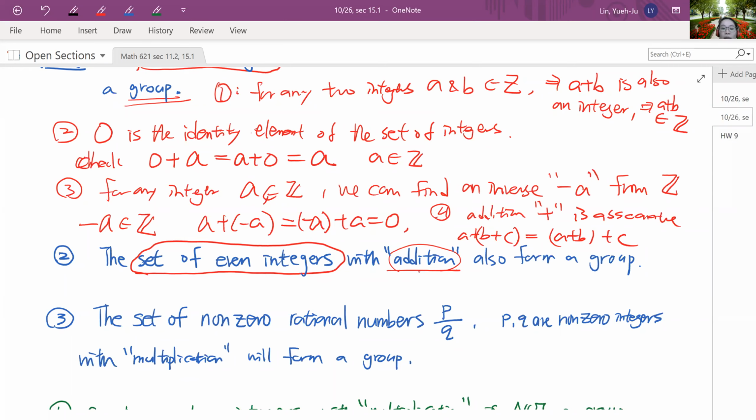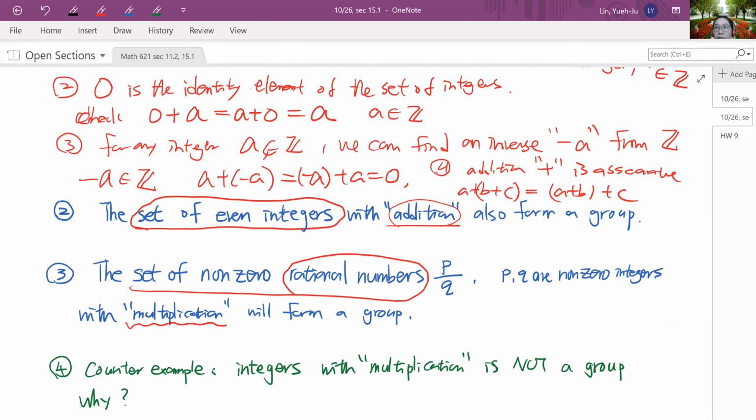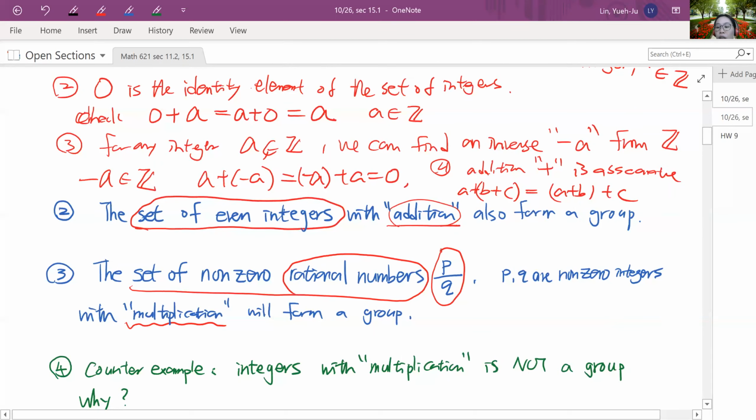And also we can see that the set of non-zero rational numbers, but this time with the operation becoming multiplication, is going to form a group. If you don't know what rational numbers are, I don't remember exactly which course we learn them in, but a rational number is any integer over an integer.